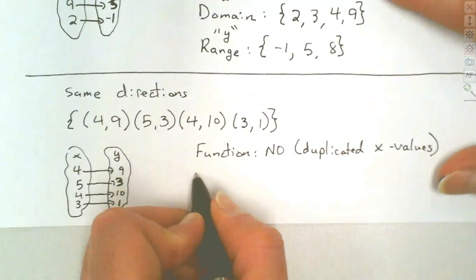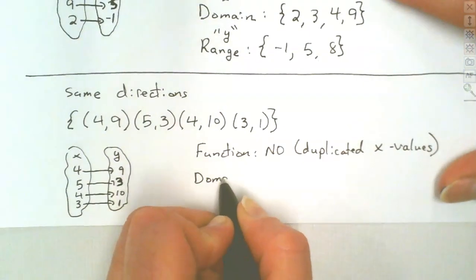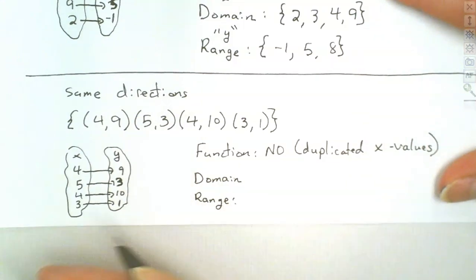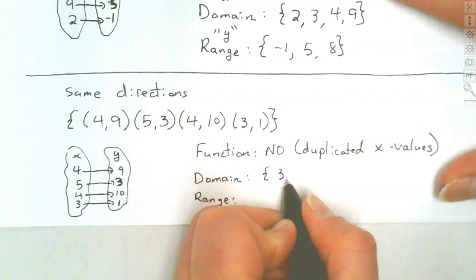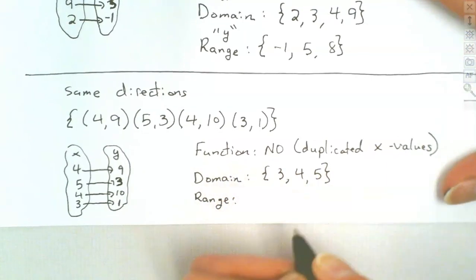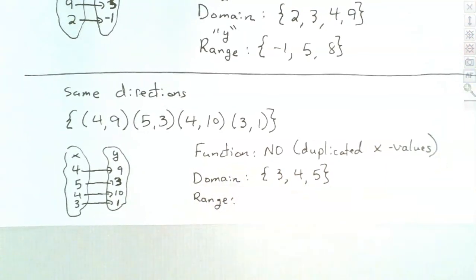Let's go ahead and get our domain and our range. For the domain, again, is values of x. We always write the smallest value first. So we've got 3, 4, and 5. Duplicated values only get written once.